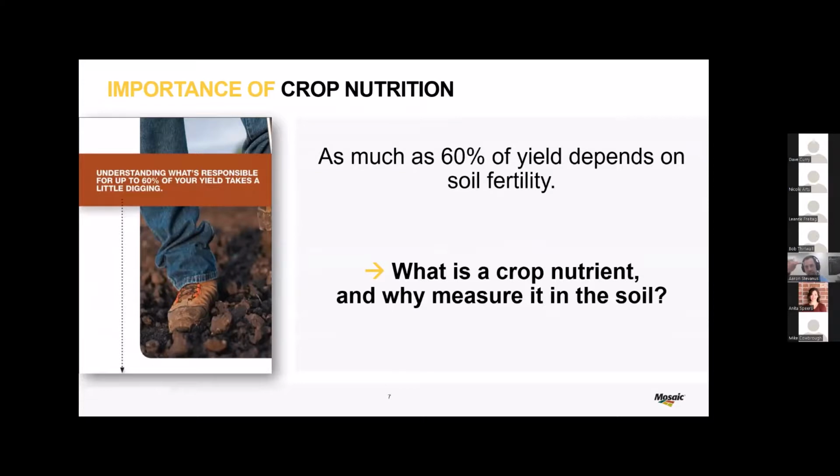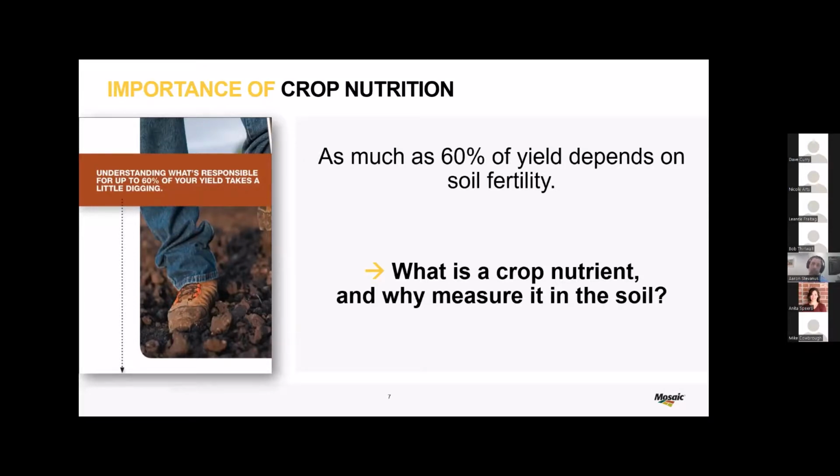But think of that genetic potential, and what happens is things start coming off that genetic potential, either by environment, by pests, by management. So, planting too wet, tilling too wet, not having your planter set up properly. All these things take off. Well, 60% of that is for soil fertility. So making sure you have your soil balanced is very important when it comes to final yield.